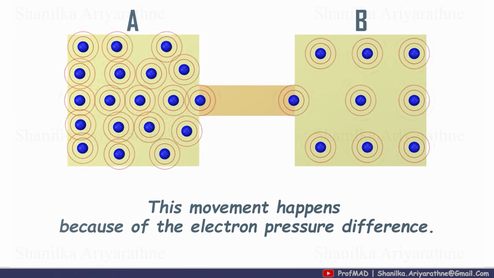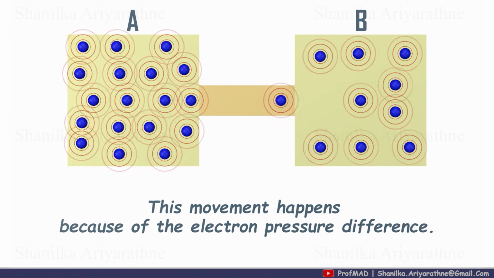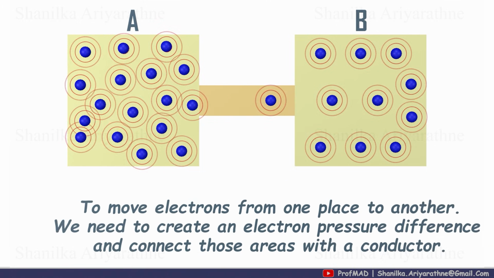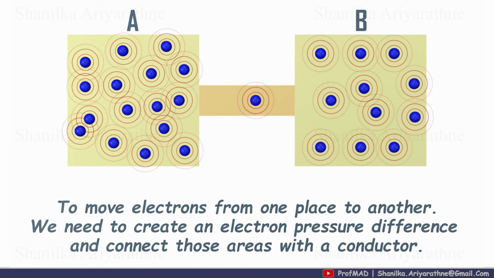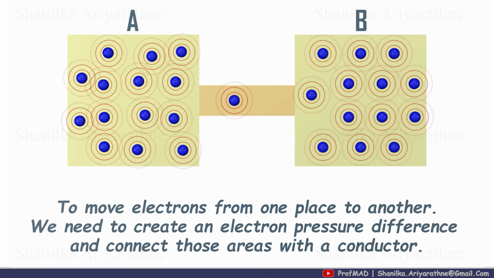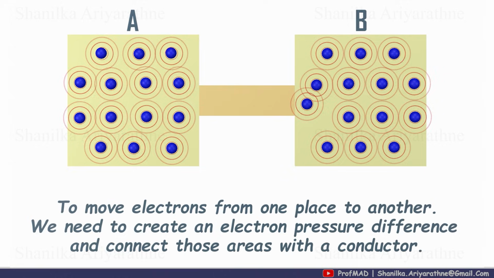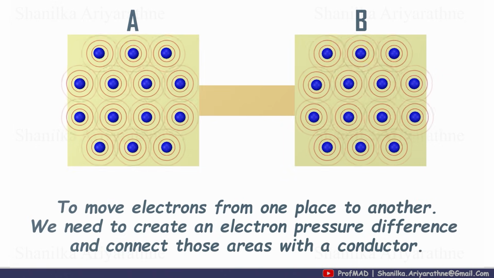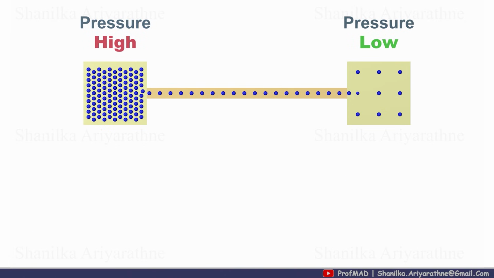We've just discovered how to move electrons from one place to another. All we need to do is create a difference in electron pressure, then give those electrons a path, a conductor, to move through. That's the heart of how electricity flows. Now consider this.